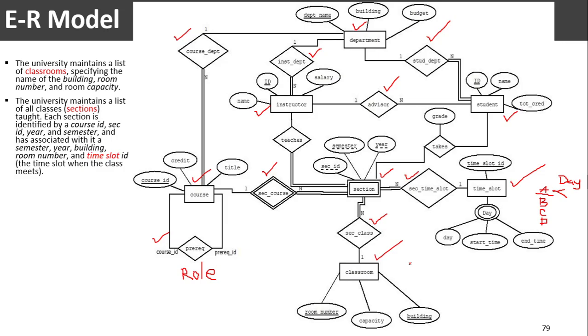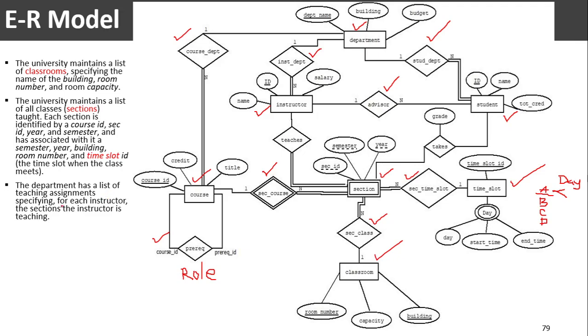Okay, now further let us look at the next statement. The department has a list of teaching assignments specifying for each instructor the sections the instructor is teaching. So in fact, this is a simple statement. The department is giving the assignments to the teachers, or the instructors, to teach the sections.